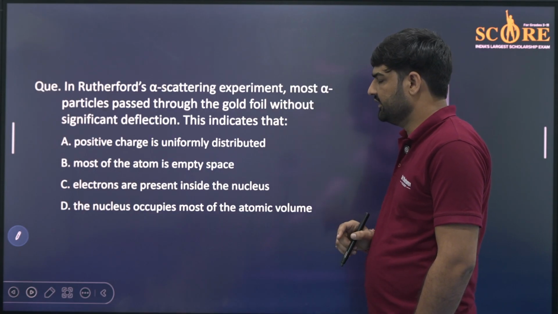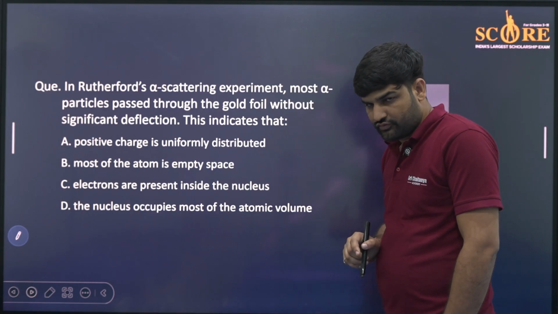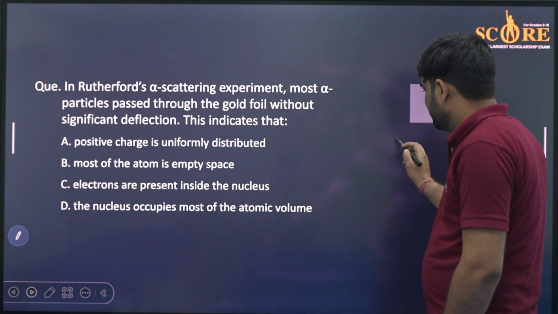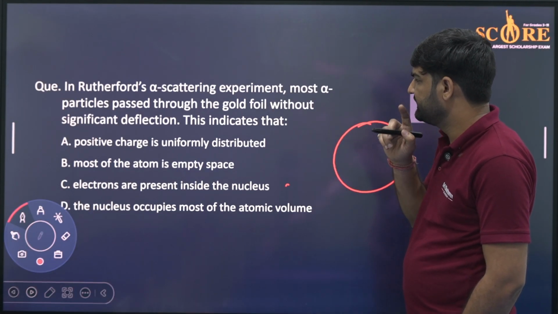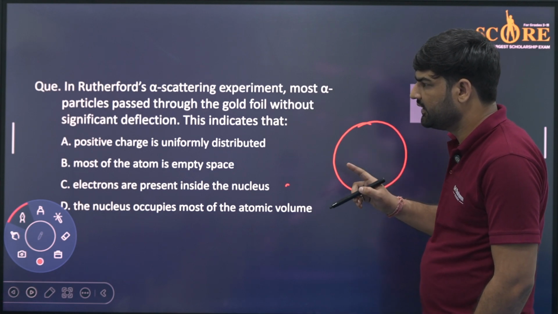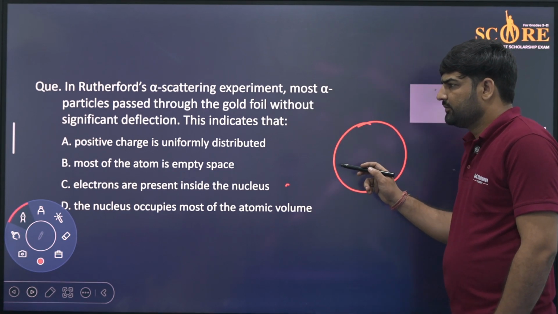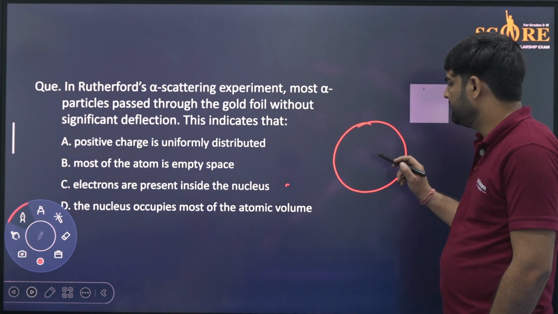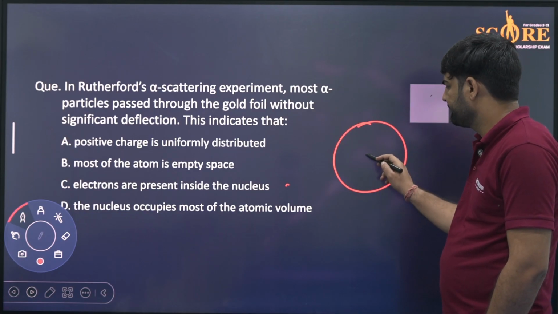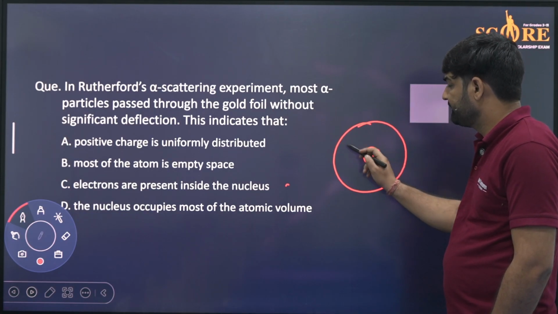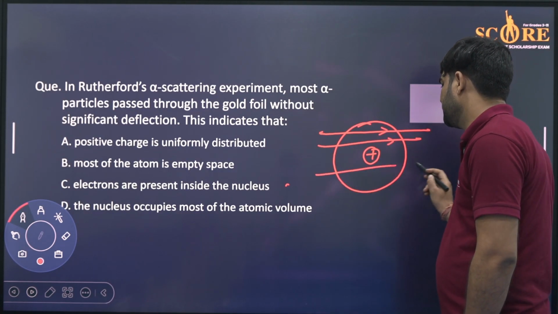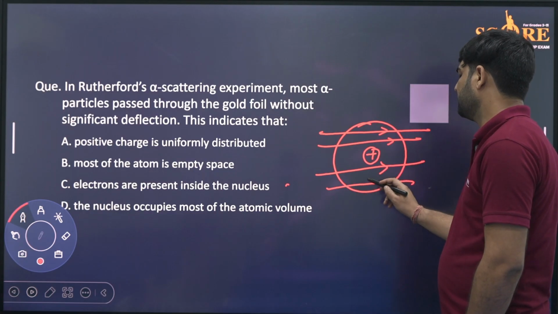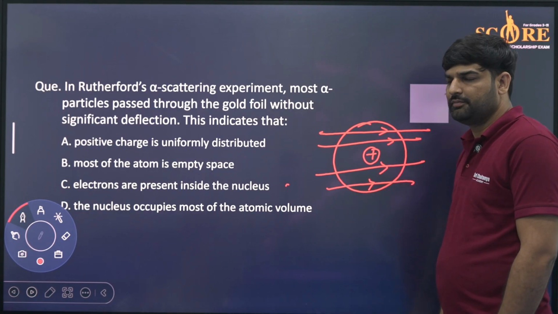This indicates that... So this is atom, and the question says most of the alpha particles pass through gold foil without any significant deflection. It means most of the part of an atom is empty.